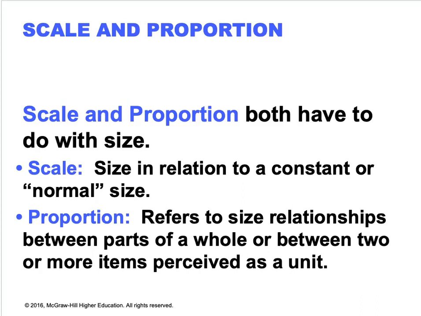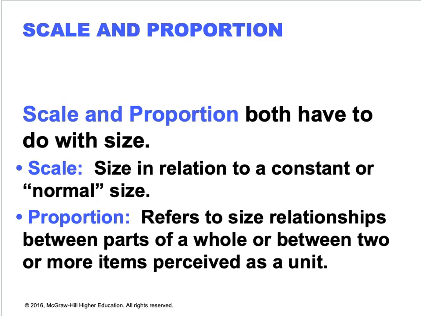So scale means size in relation to a constant or normal size. I always think of this like with toy cars. There's different scales you can get, like 1/64th and 1/16th. I don't know what they are, but there's different scales like that because the little toy car, the little Hot Wheels, has been scaled so far down, it's just a 64th of a real car.